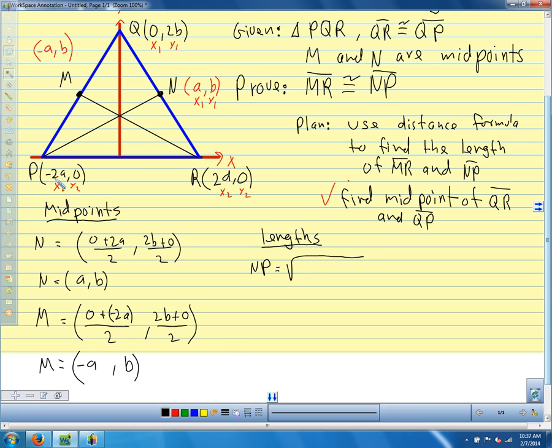Square root of x2 minus x1, negative 2a minus a, squared, plus y2 minus y1, 0 minus b.